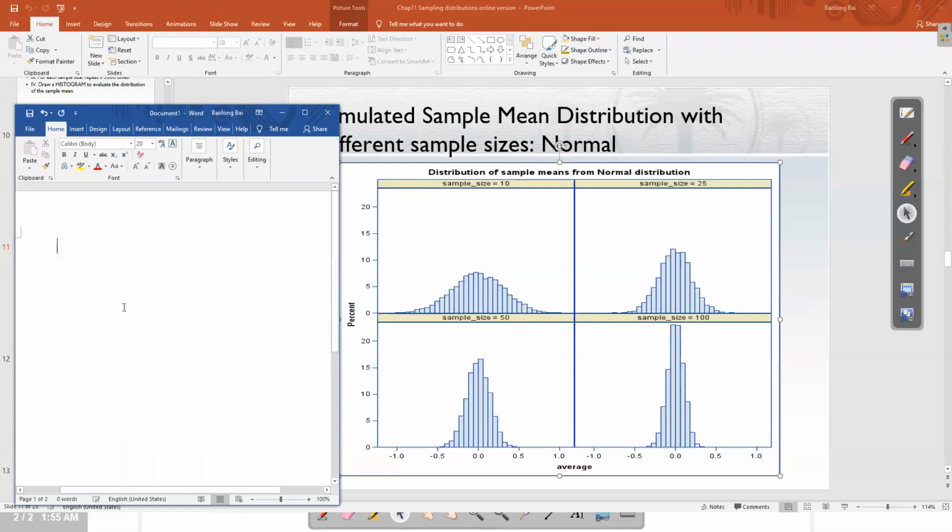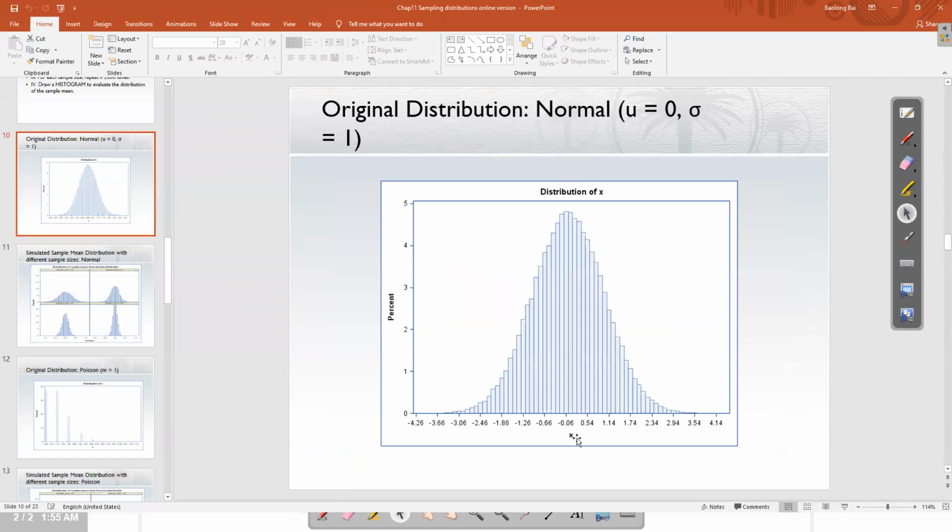So we can observe X bar has a normal distribution, right? So that's one thing we can observe. And the next thing we can observe is, when you look at the distribution of X bar, where is the population mean of X bar located? You can see the center of X bar is always pointing to 0, right? So the population mean of X bar, if you recall, what's the population mean of X?